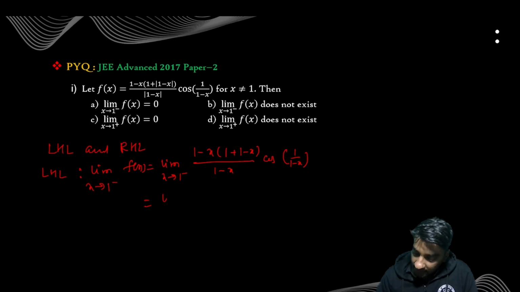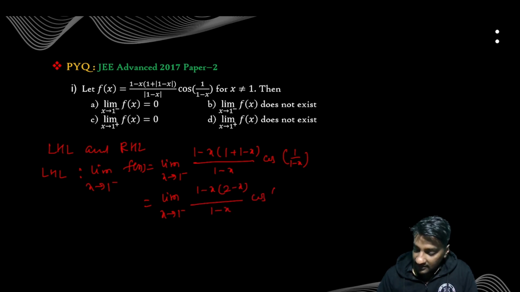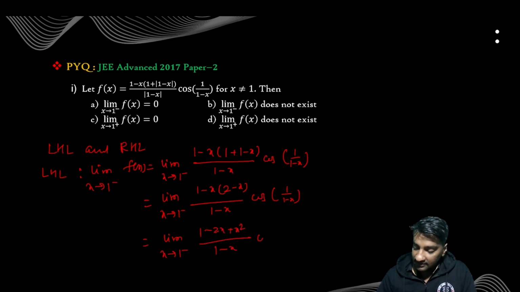So this is equal to limit x tends to 1 minus (1 minus x), this is (2 minus x) upon (1 minus x) cos of 1 by (1 minus x). This is equal to limit x tends to 1 minus, this is (1 minus 2x plus x square) upon (1 minus x) cos of 1 by (1 minus x), right?